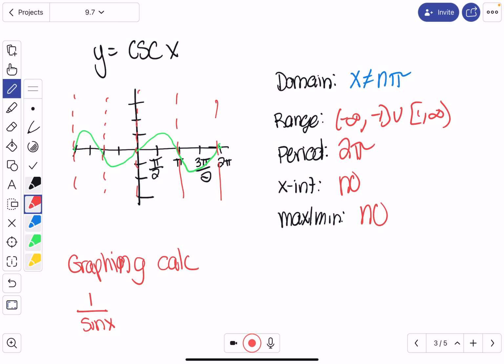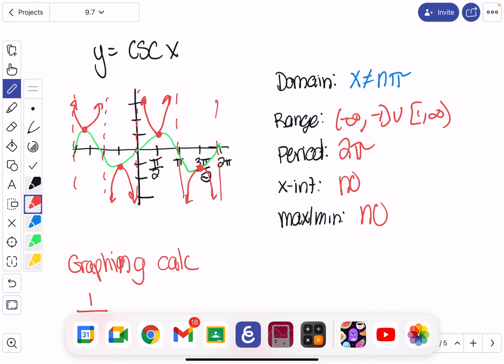Now let's graph it. Just like secant, you have your up and down curves. They're just shifted, and it's the reverse of that green sine graph. So you would do the same thing in your calculator, 1 over sine. On Desmos, you can choose cosecant. So let's try graphing a couple.